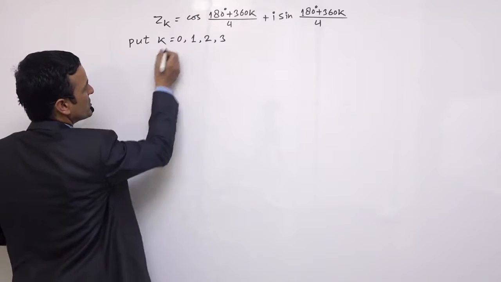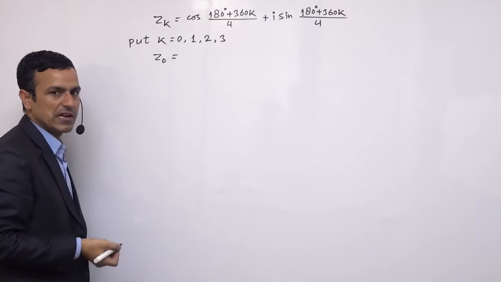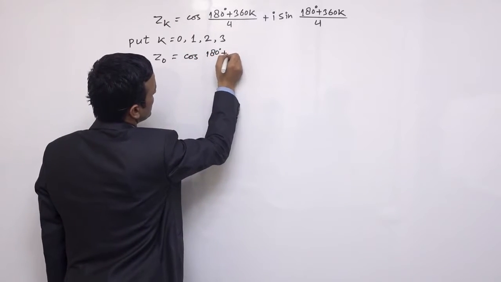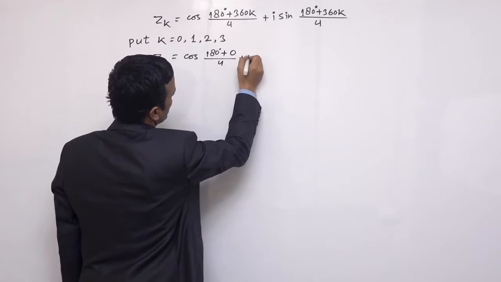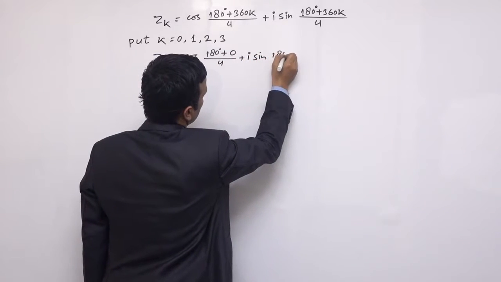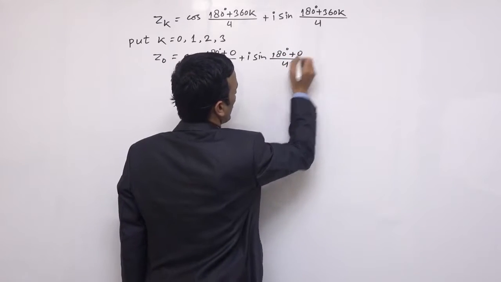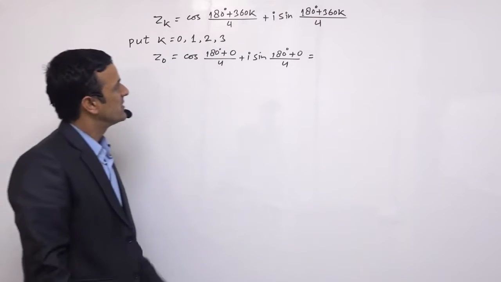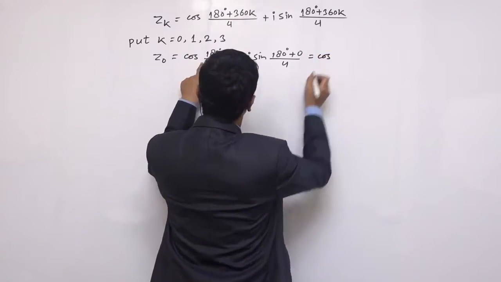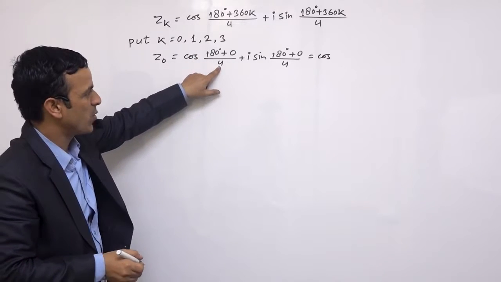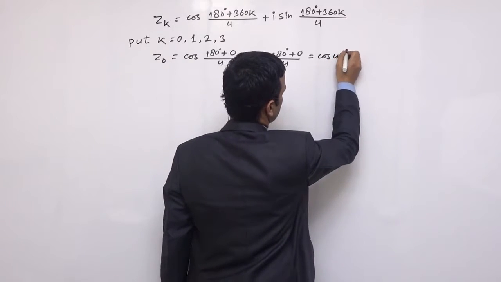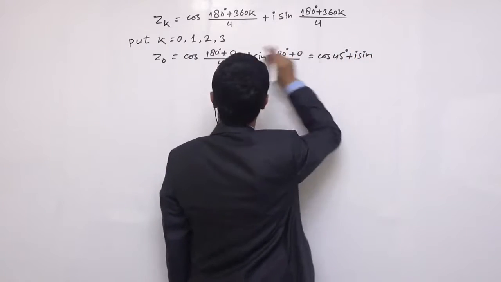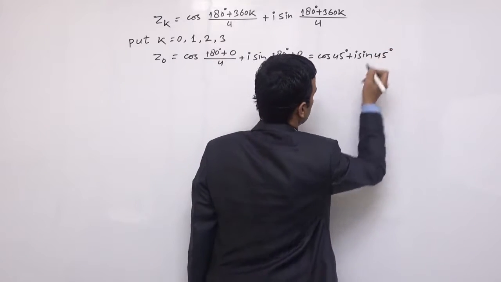So let's put the value 0. z_0 means what? Let's solve together. cos (180 plus 0) divided by 4 plus i sin (180 plus 0) divided by 4. The value of k is 0, so 0 into 360 means 0. If you solve this, cos 180 divided by 4 means it is 45 degree, plus i sin, which is also the same as the previous term, 45 degree.